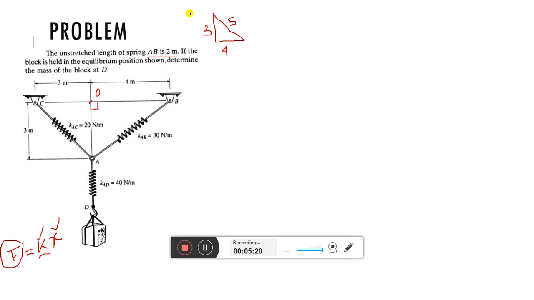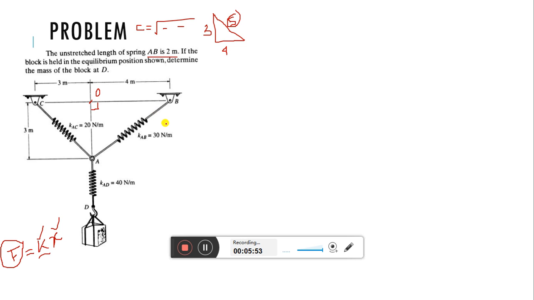And otherwise, if you don't want to use the shortcut trick, you can directly find it out by the formula that c is equal to root over of a square plus b square. Okay, so root over of 3 square plus 4 square. So you will get 9 plus 16, that is equal to root over of 25, so that is 5. So the extended length of the spring from the geometry we can tell is 5.